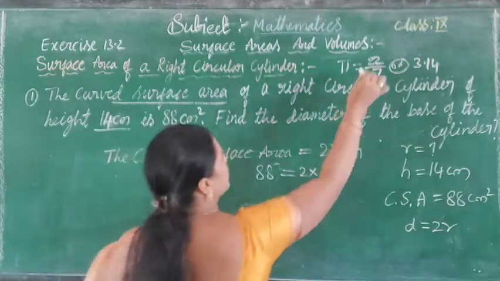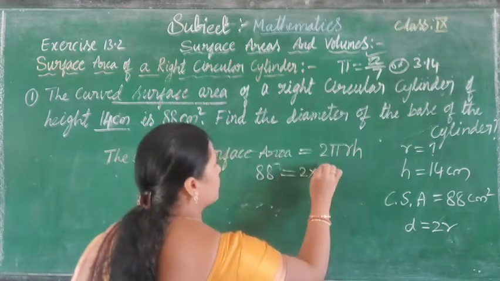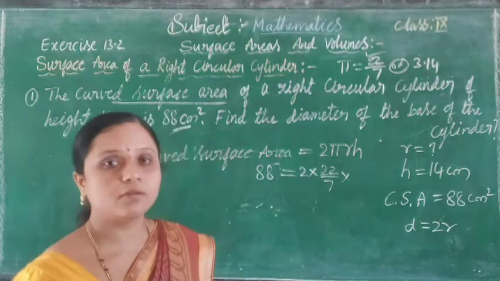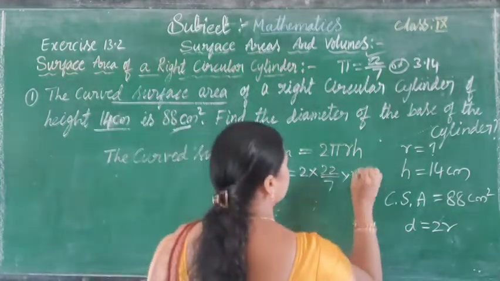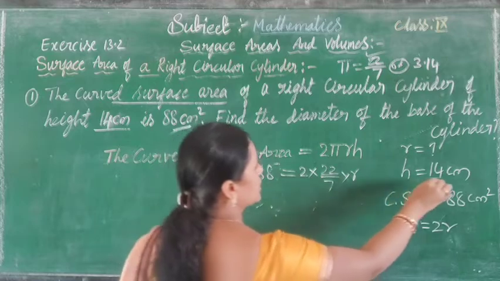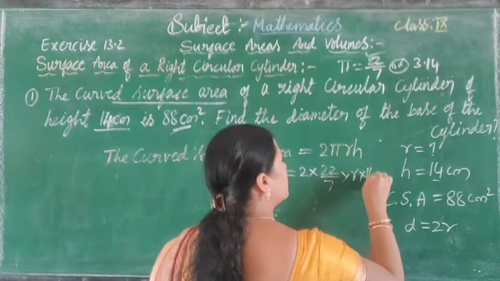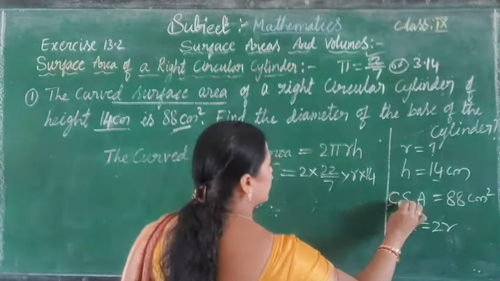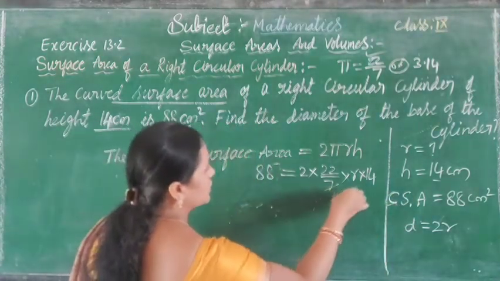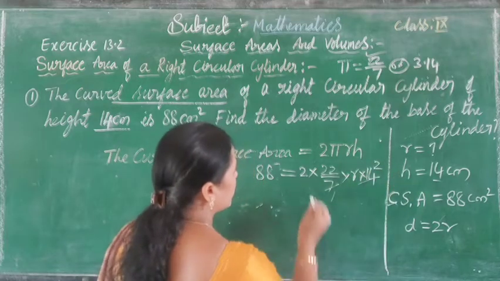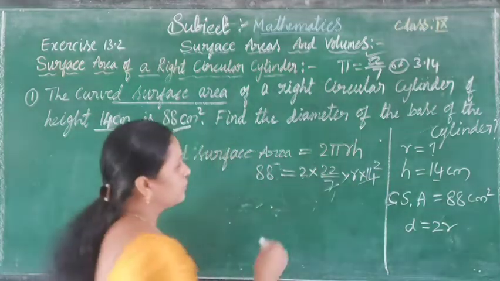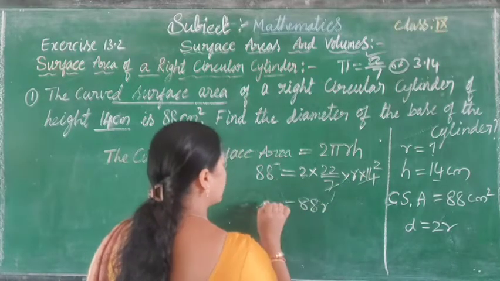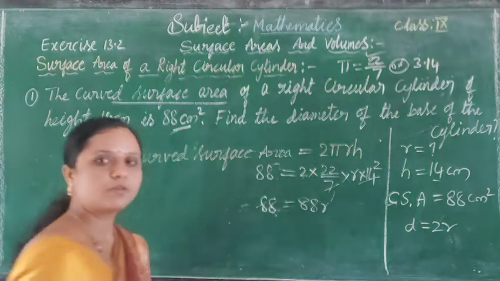So I take the value of pi as 22 by 7. And what is r? I don't know the value of r, so I write r as it is. And h is given, that is 14 centimeter. So now you can calculate. 7 ones are 7, 7 twos are 14, 22 times 2 is 44. 44 into 2 is 88. So 88 into r. The curved surface area is also 88.